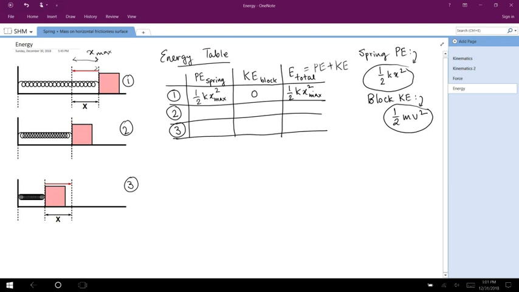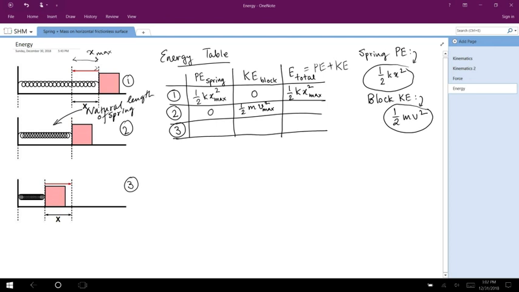In scenario number 2, the block is moving, so it has kinetic energy 1/2 mv squared. Let's call this v max, because this is going to be the maximum speed with which the block moves. And then the spring doesn't have any potential energy. Well, in scenario number 2, the spring is at its natural length, so the spring does not have any potential energy.